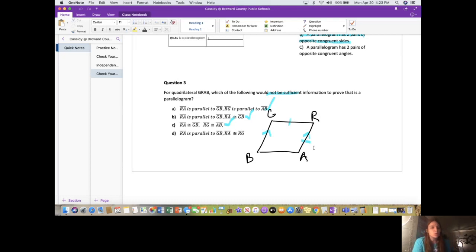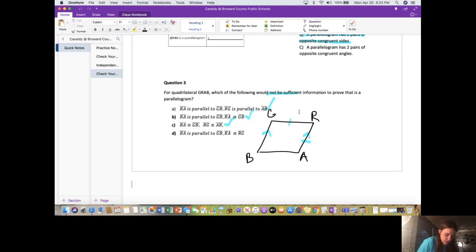All right, so this one would not be sufficient, because they're not giving us enough information. Just knowing that these sides are parallel and then these adjacent sides are congruent is not enough to prove that the whole thing is a parallelogram. Because this could be, it's not a parallelogram.